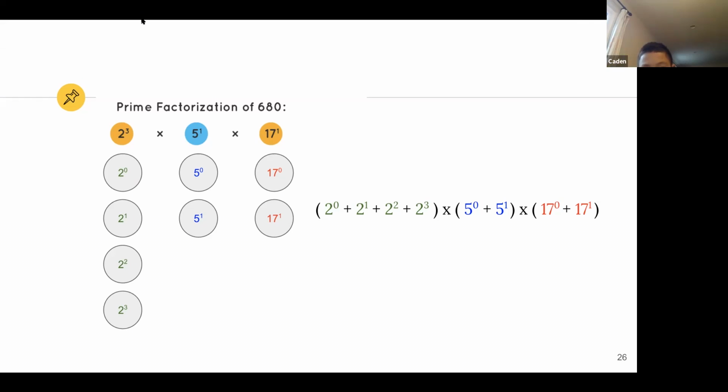Yeah, so it'll be 2 to the 4th over 1, and then you multiply that by 5 squared over 4, and then 17 squared over 16. I think it works. Why does it work? Can you explain it? I think I forgot the proof. That could be a cool exercise. Yeah, I think that's a really good way to do it too.